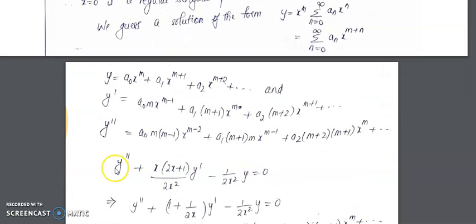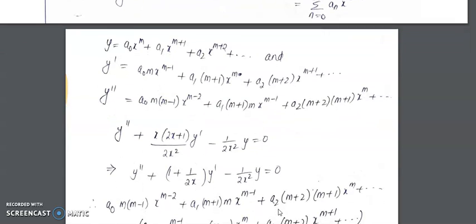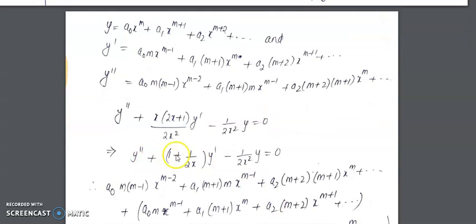Now when you simplify the equation, you will get y double dash plus (2x plus 1) by 2x y dash minus 1 by 2x square y equal to 0. Now let us substitute the values of y dash and y double dash.